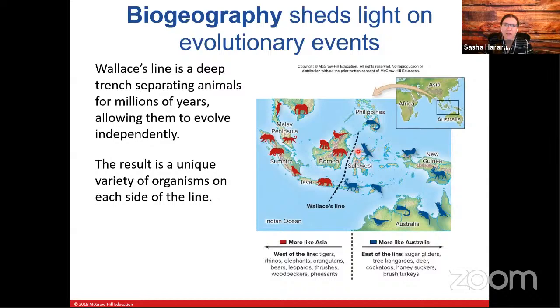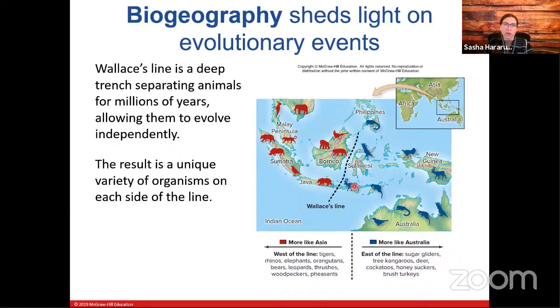The reason for that is that there was no migration going on between these islands. Even when the water levels are low, there is no dryland bridge that forms among these islands, unlike all the other islands here or here. So the result is a unique variety of organisms on each side of the line. Apart from paleontology, biogeography, which is the study of species distribution, can give clues about evolutionary events.